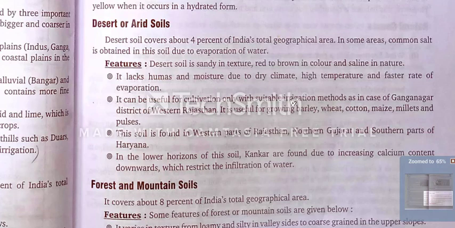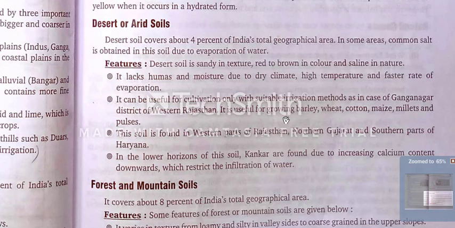Some steps, some method we will have to take for irrigation, and one example is shown here: Ganganagar district of Western Rajasthan. It is useful for growing barley.